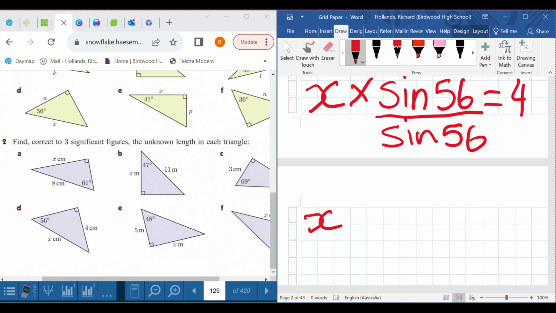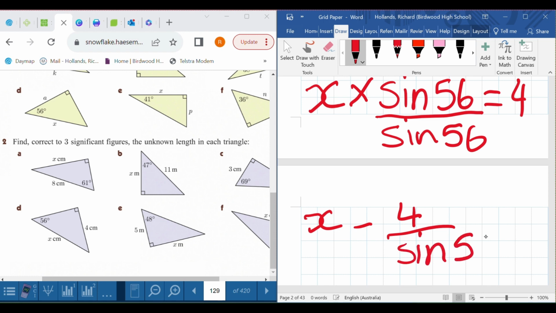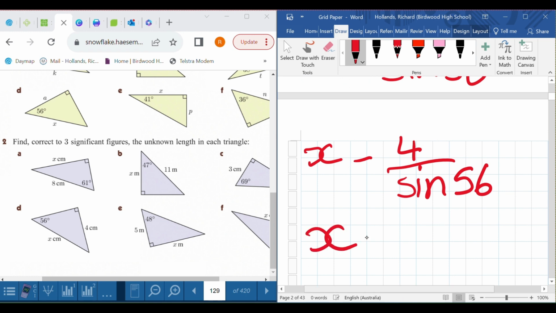So x then equals 4 divided by sine 56. And if I punch that into my calculator, I get x equals 4.82 centimeters.